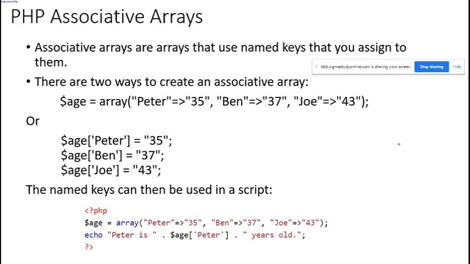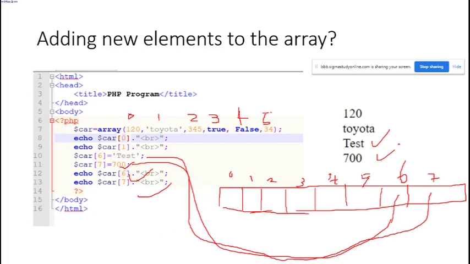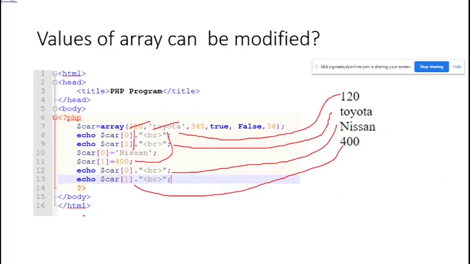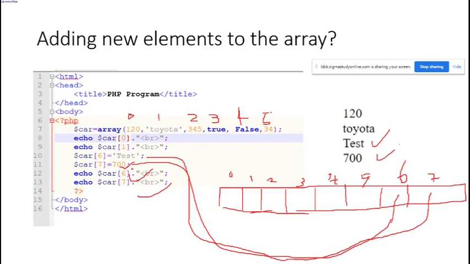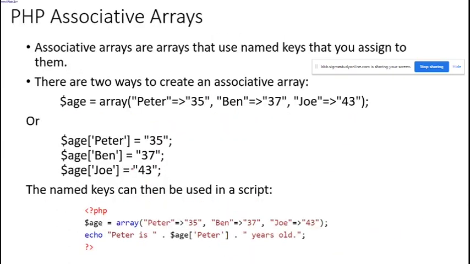And then we can have arrays which we call associative arrays. This is a different type of array. In a normal array you access the values using the index number like 0, 1, 2, 3, 4. Once you store the values, you get a value using the index number like this. But in the associative array, you can get the value by using a key.